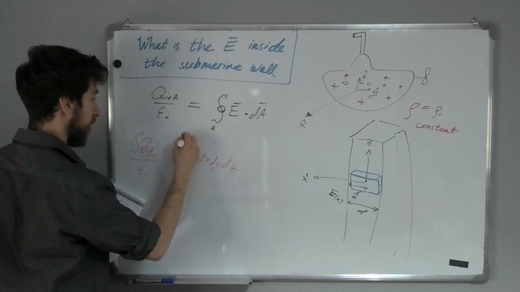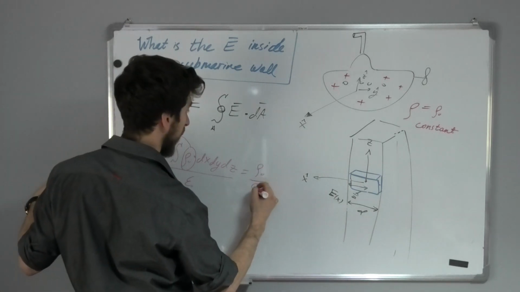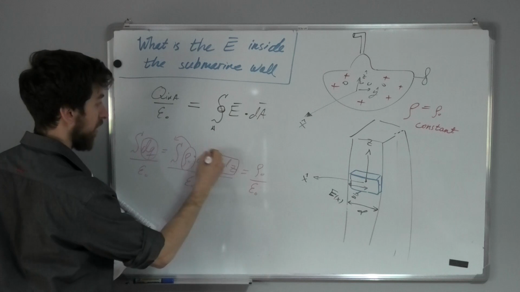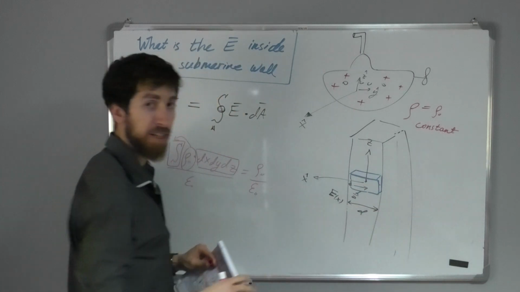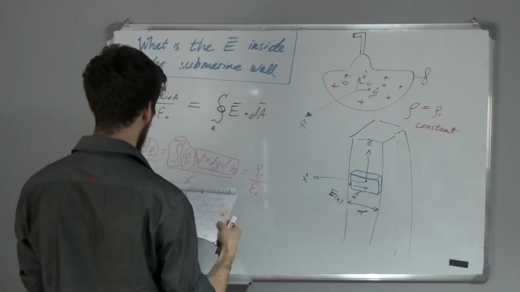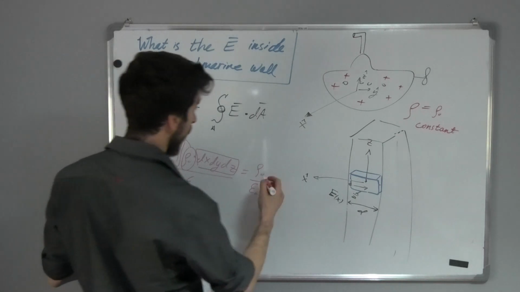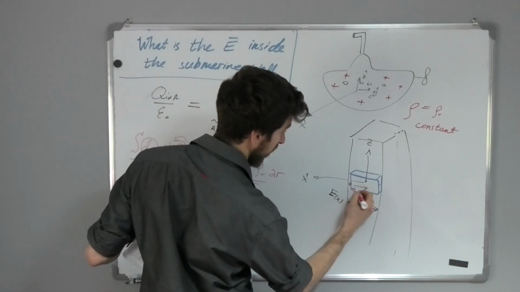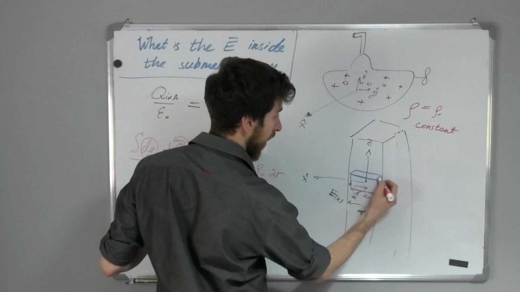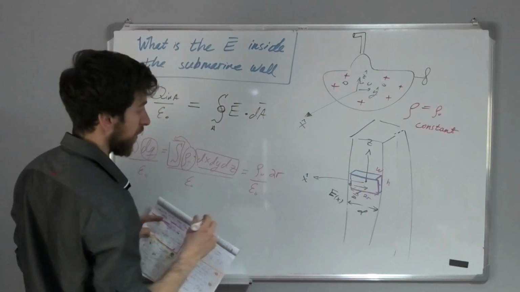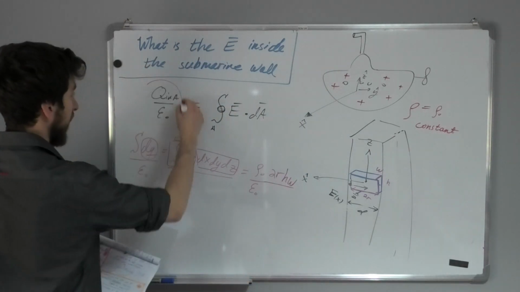We can take this rho outside of the integral because it's constant, and we get rho 0 over epsilon 0 multiplied by what? This integral is actually the volume of this area that I decided on. So what is the volume of it? It's 2r, which is this distance. I decided to call it 2r. The height is h, and the width is w. You see it? So it's 2r h w. It's the volume of a box. Perfect. We got this term.